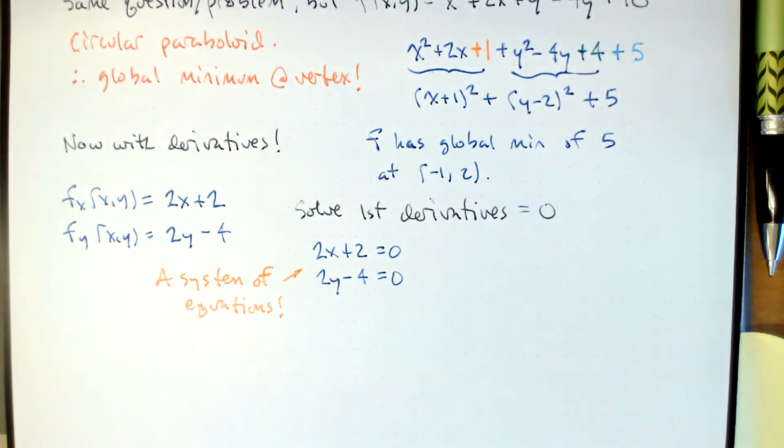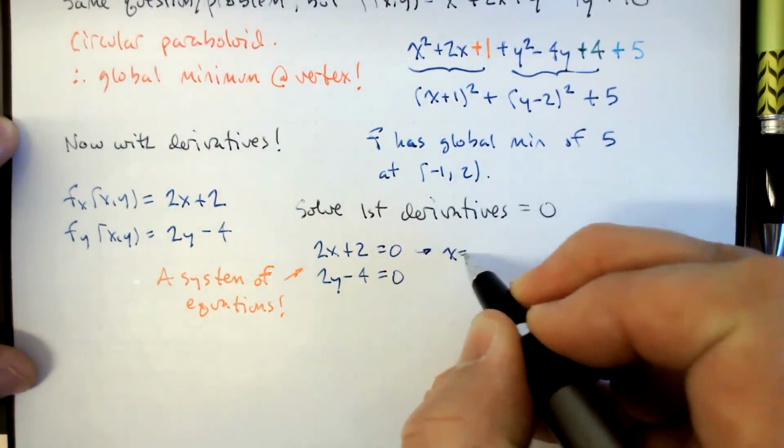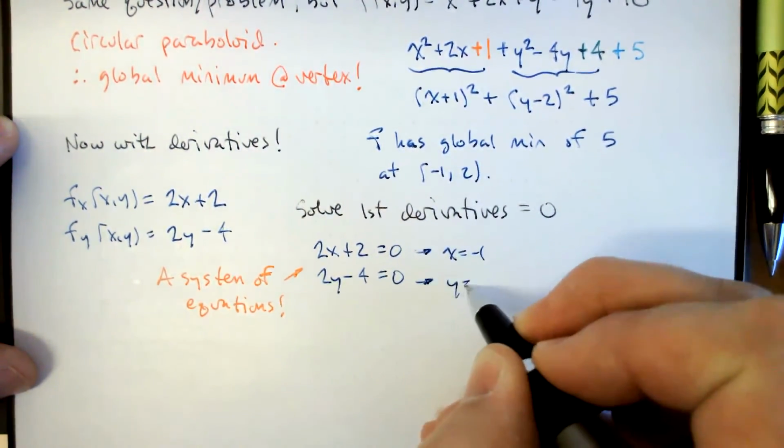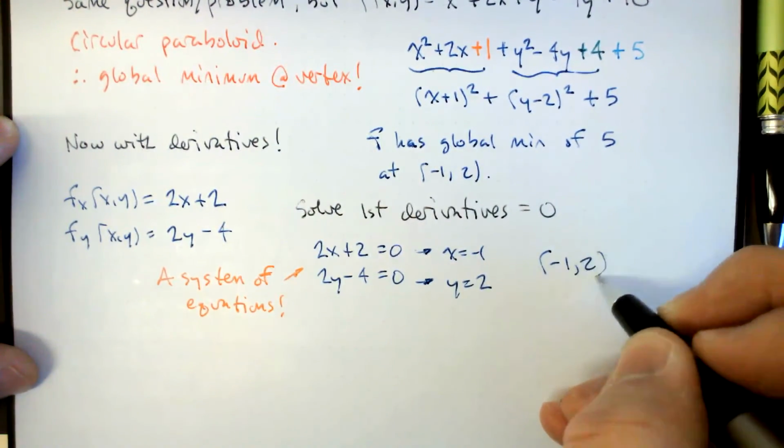So we get a system of equations. Now this system, like we mentioned previously, is very easy to solve. But it does identify a critical point at -1, 2.